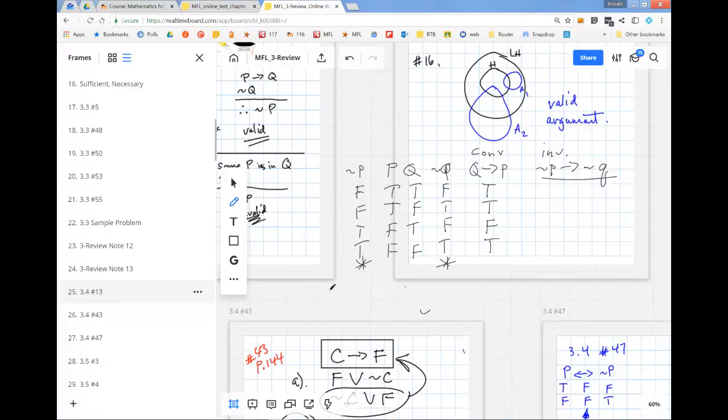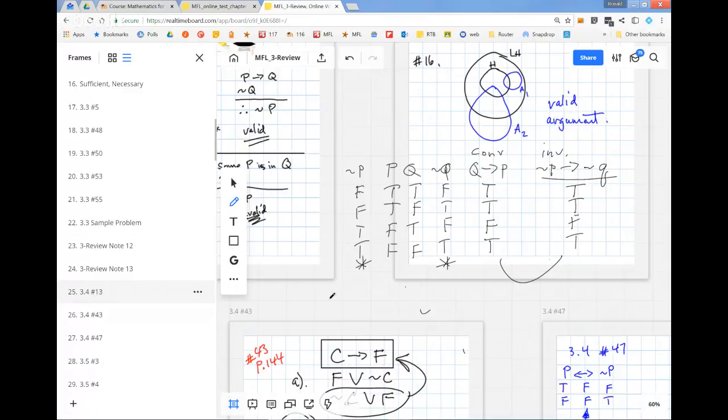If false, then false is true, right? If false, then true, true. If true, then false, false. If true, then true, true. Now, are those two columns equivalent? Yes. We've done it by truth table.